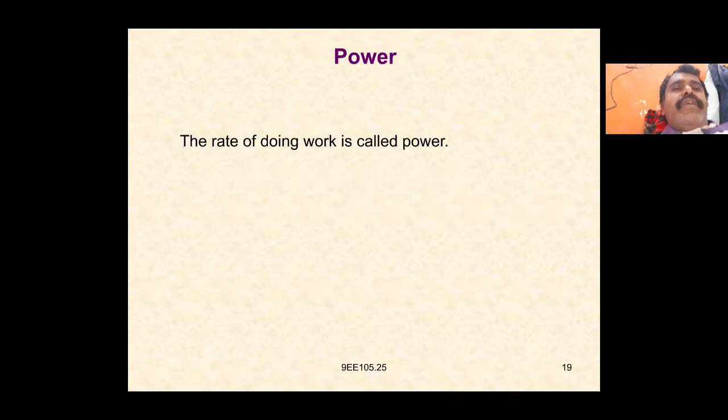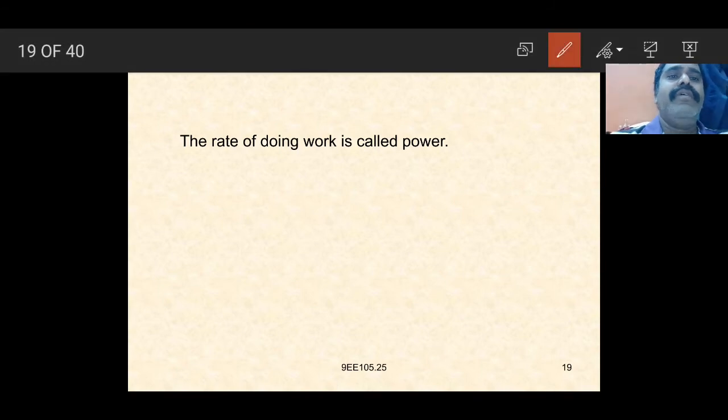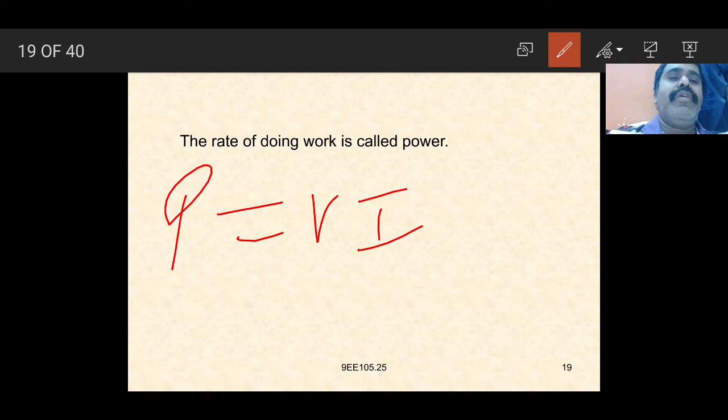Power is the rate of doing work. Power can also be defined as P equal to VI, the product of the voltage and the current, measured in watts.